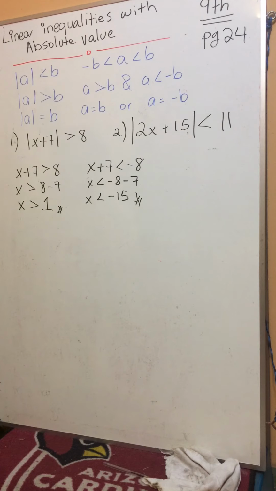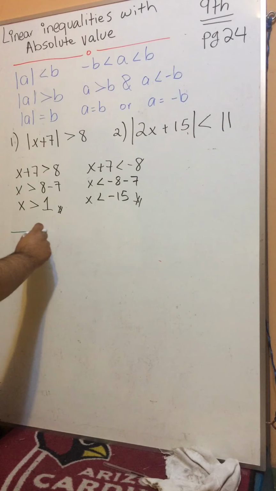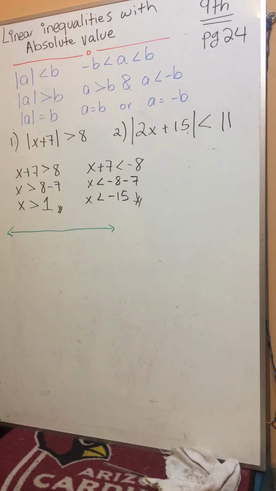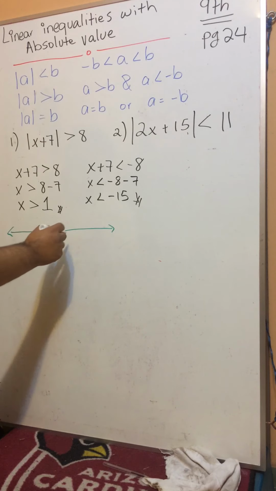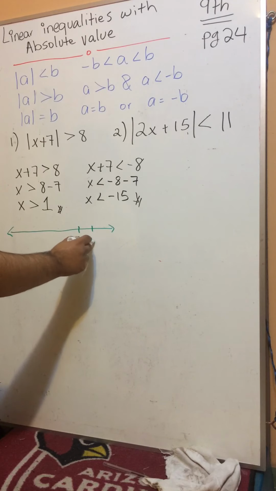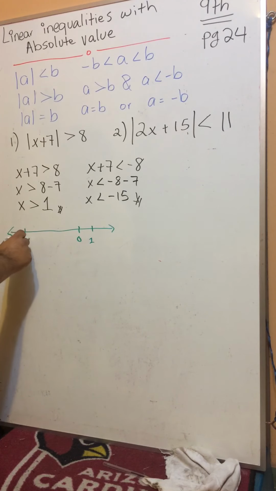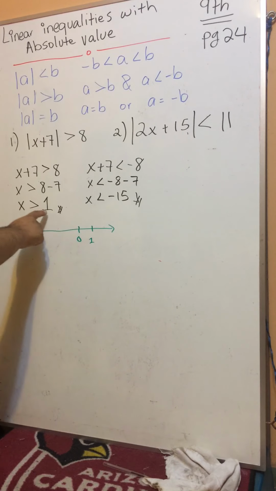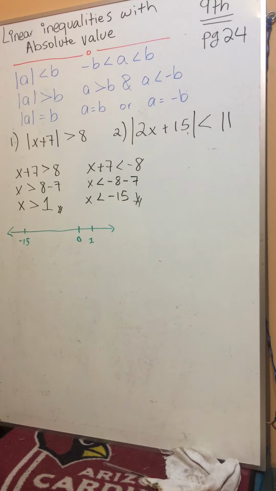The first one would be this one. We have that x is greater than 1. Let's put here 0, here's 1, and on this side would be minus 50. Now let's remember, since these symbols are greater or less than, we do not include these points.